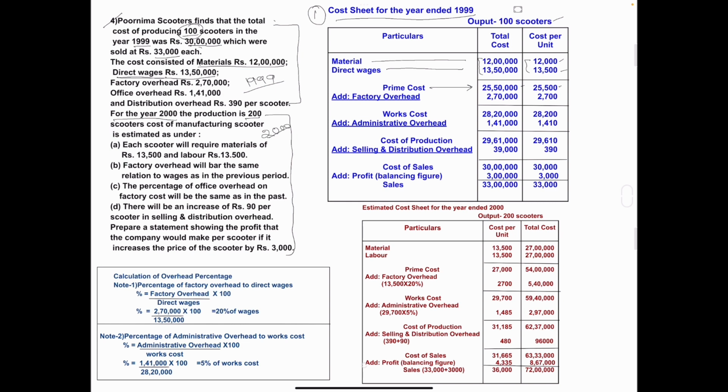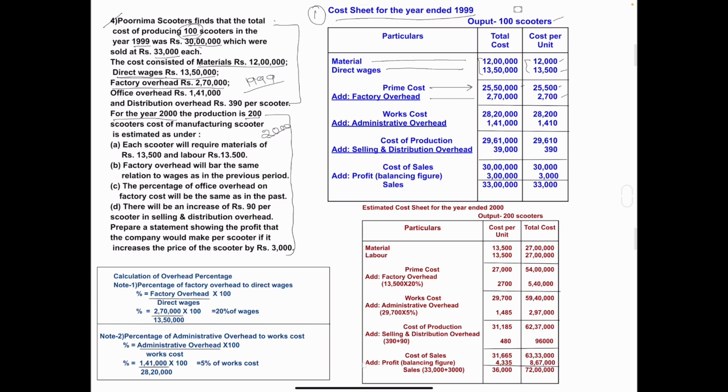Add factory overhead. See in the problem, factory overhead is 2,70,000. So the same we'll write here in solution. Add factory overhead amount 2,70,000. Per unit, 2,70,000 divided by 100, you will get 2,700.